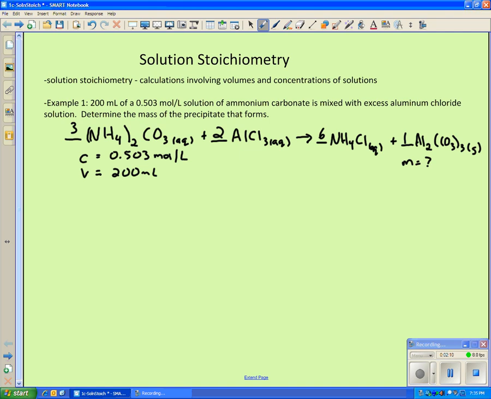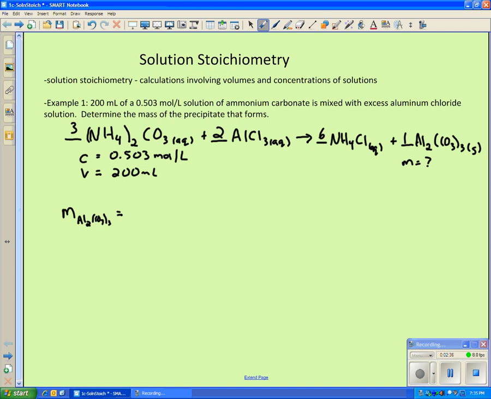I'm going to show you a way to do your calculations all in one long line as opposed to breaking it up into 3 separate calculations and answers. We're still going to be following the same steps. We're just not going to write down an answer at all of the in-between points. So by the end of my calculation, I will have the mass of the aluminum carbonate.